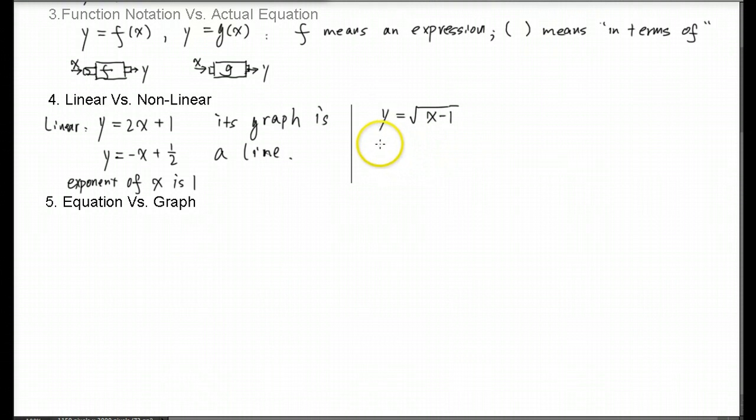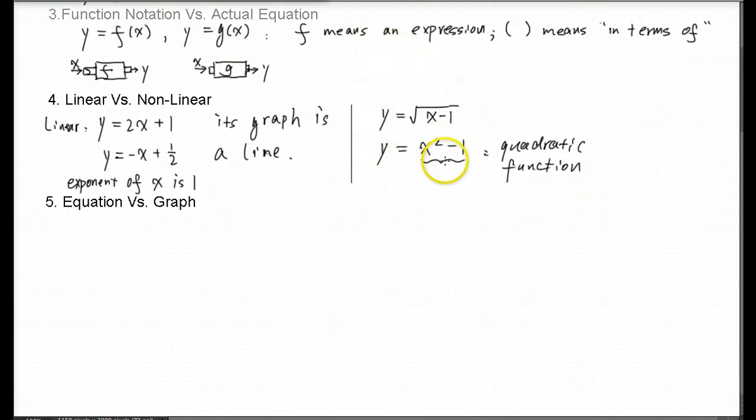The thing we're going to focus on is this kind of function, y equals x squared minus 1, for example. This one is called a quadratic function. If you look at the right side, it's a quadratic expression. We already mentioned that a function is just y equals an expression.